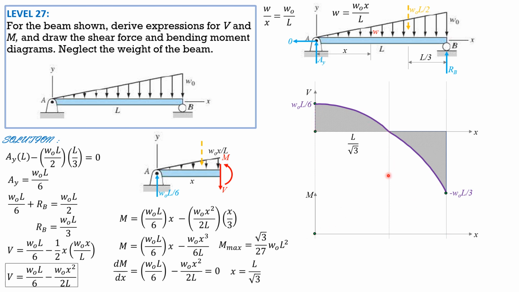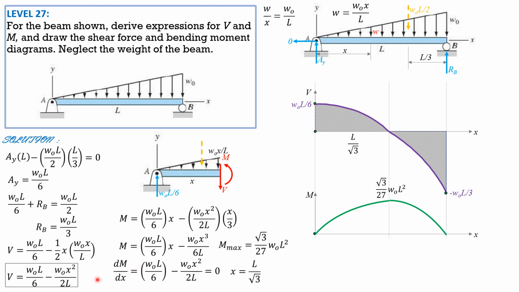So if the shear is 0, the moment is maximum here, the tangent is horizontal, because the slope of the tangent to the moment diagram corresponds to the shear above. So the slope here is horizontal, or 0 slope. And the maximum moment is square root of 3 over 27 W0L squared as shown in the figure.